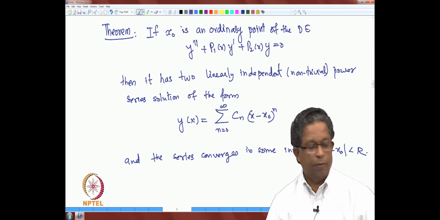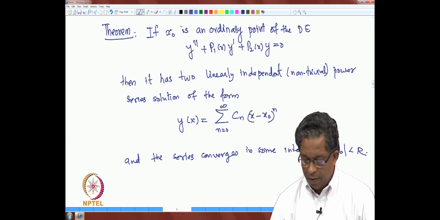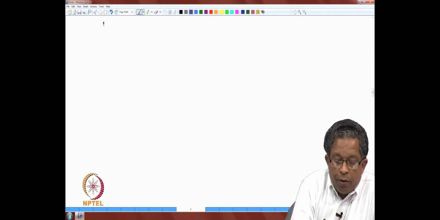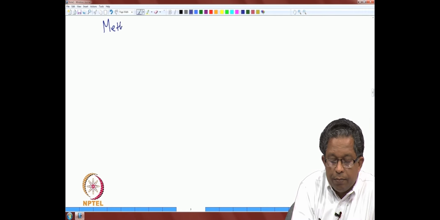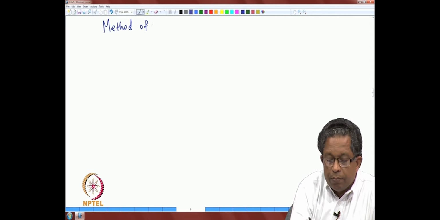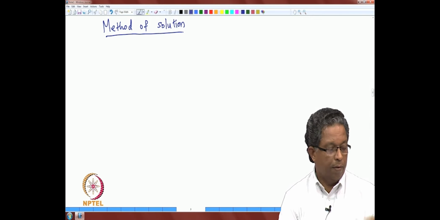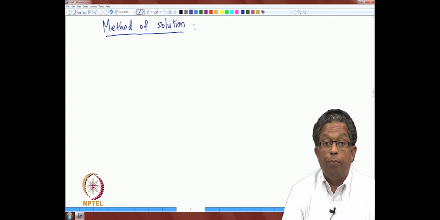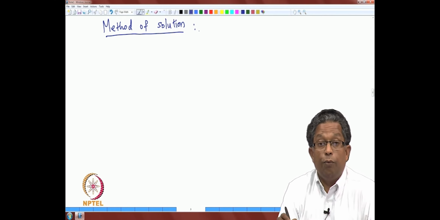So, now the method of solution, how to compute the solution. What do we want to find?